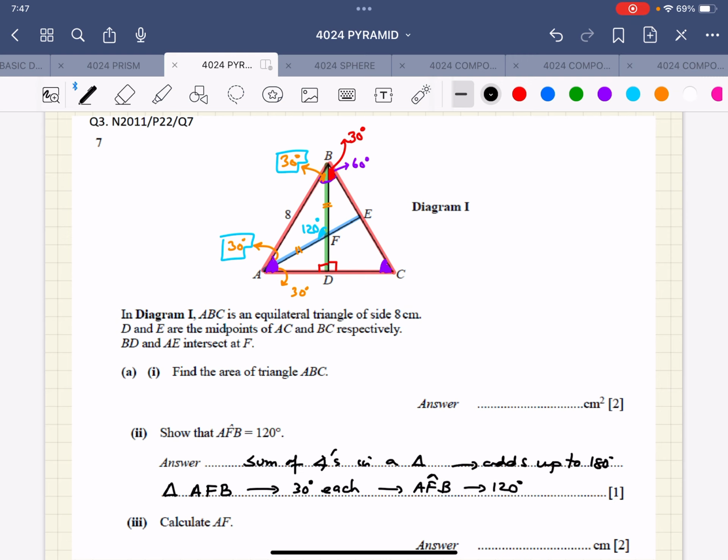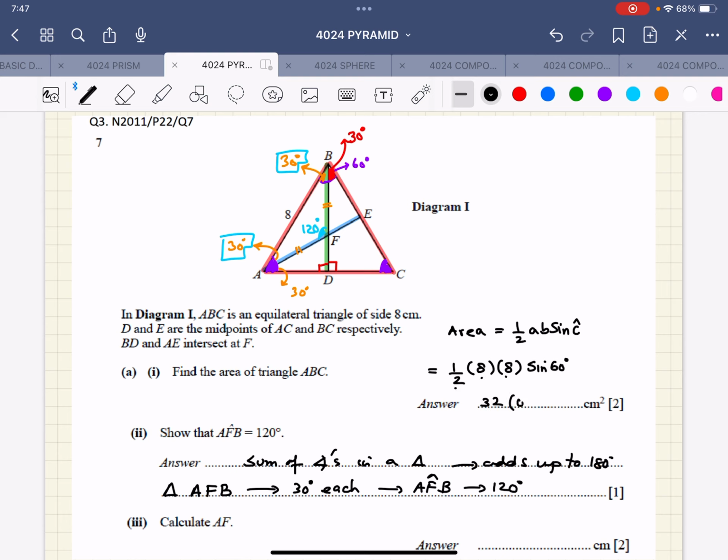Now, what about the area of the triangle ABC? For the area of the triangle, I can say this is half into 8 into 8 into sine of 60 degrees. I'm using the concept of area of triangle, that's half ab sine C. So this is 64 divided by 2, that is 32.